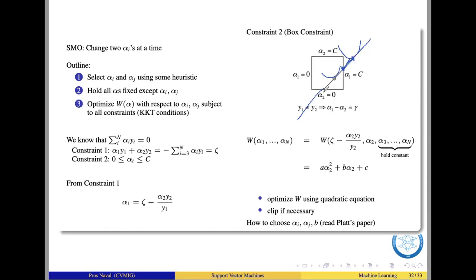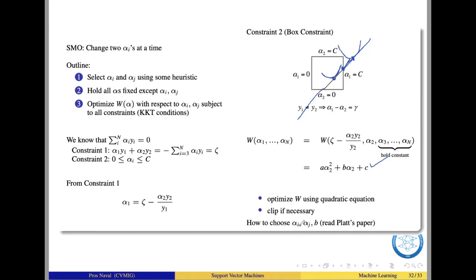However, if it is within this constraint, like this quadratic equation has this minimum point here, that's fine. Okay, so you keep on doing that. This is called clipping. Clip if necessary, and that's your SMO idea.